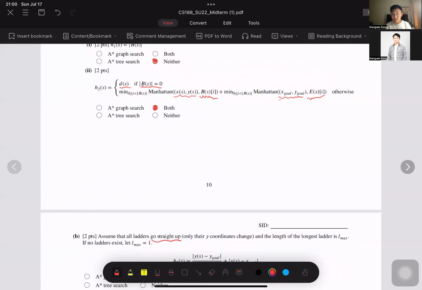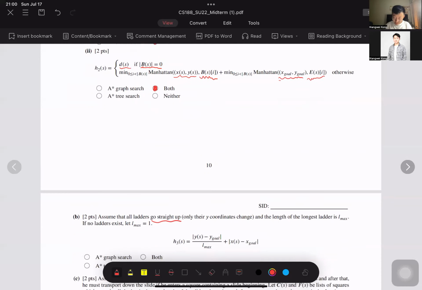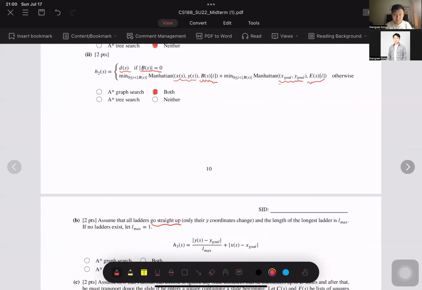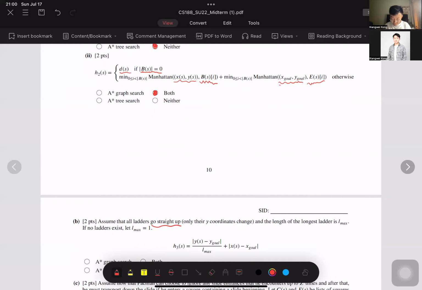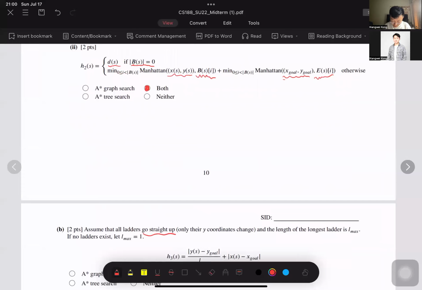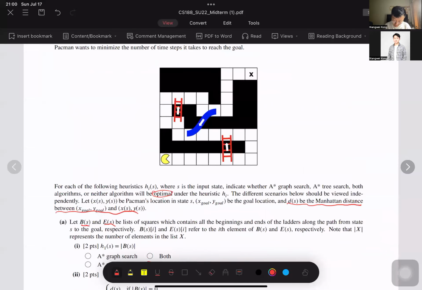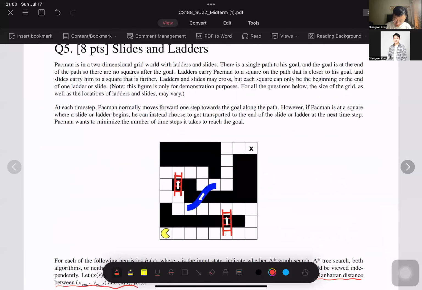First, we can have slides, but slides will only increase the cost because Pac-Man needs to go further. And for H3, if the ladder only goes straight up, then we use the distance from this y to the goal divided by the longest length of the ladder.